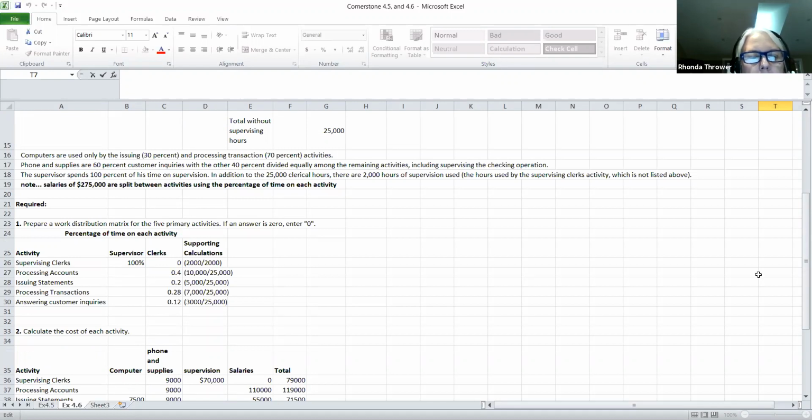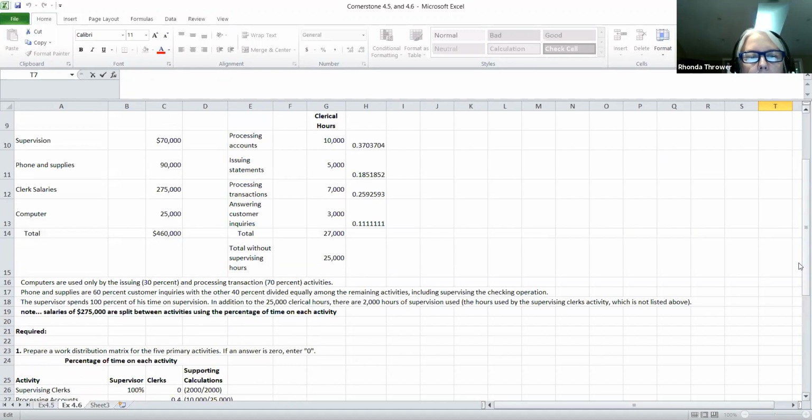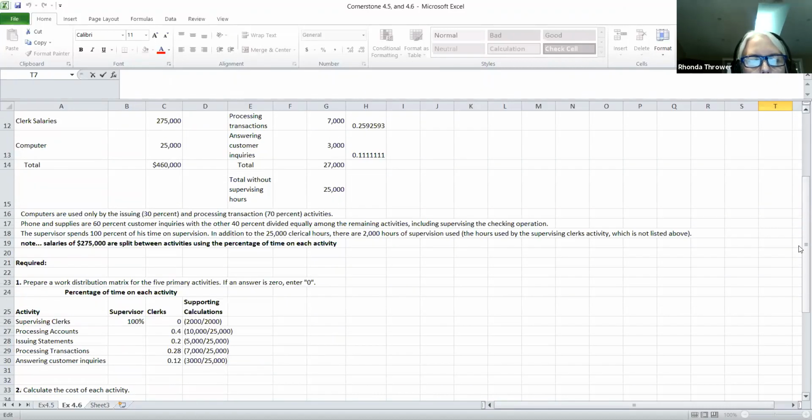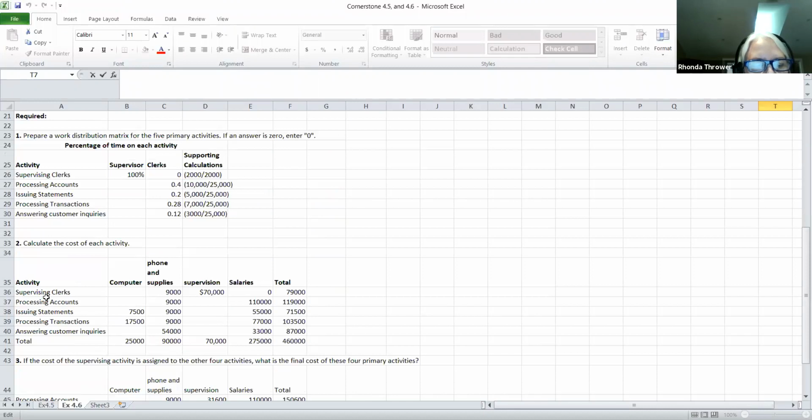And the other activity would be to supervise the clerk. So I'm sorry, those were the resources I pointed to a minute ago. The activities are listed here: supervising clerks, processing accounts, issuing statements, processing transactions, answering customer inquiries. These are all the activities. I just restated those here in this table.